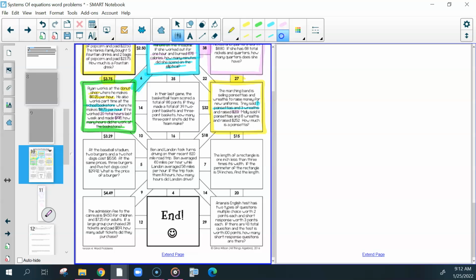Sorry, say that one more time. We could, it doesn't really matter what we call it. For $250, and we are looking for what?